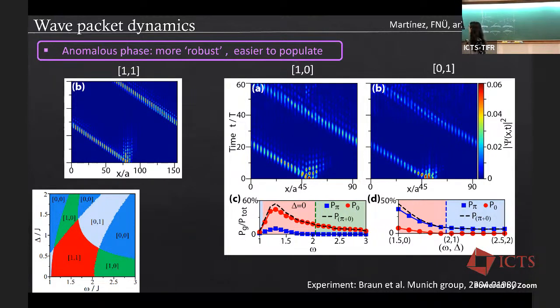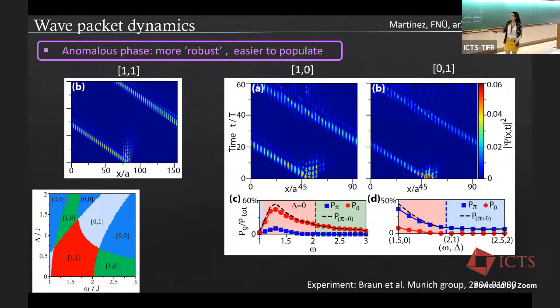But when I have the edge states in these ones, depending on how your edge states overlap with your bulk states, some probability is going to disperse. That's something we know. But what was surprising was that anomalous Floquet phases and anomalous edge states actually are much easier to populate. And then the wave packet you put disperses into the bulk much less.